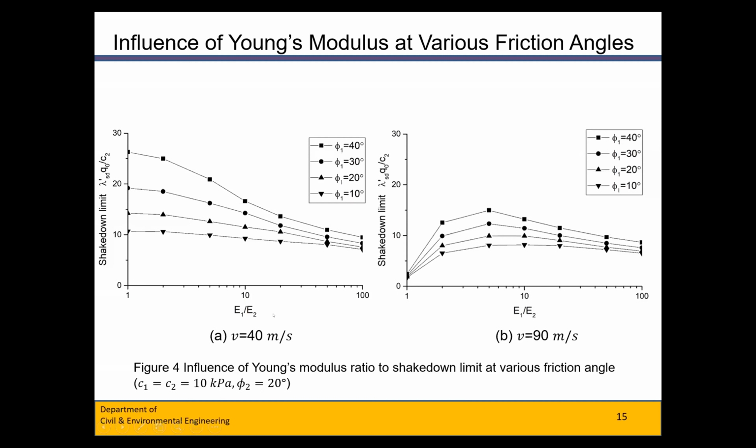When the velocity of the moving load is 40 meters per second, we can find that the shakedown limit goes down with the increasing of the Young's modulus ratio. But when the moving load increases to 90 meters per second, it goes up first and then goes down, no matter what the value of the friction angle of the pavement shown here.